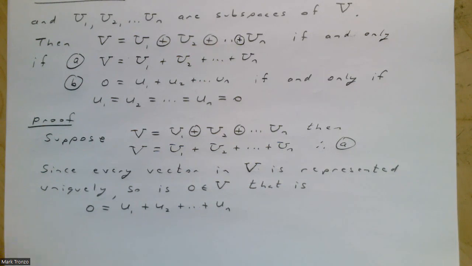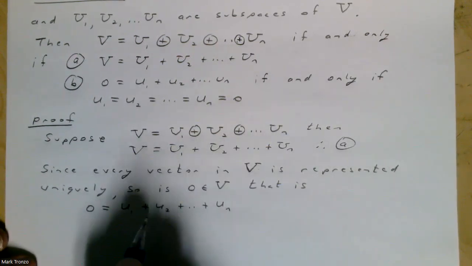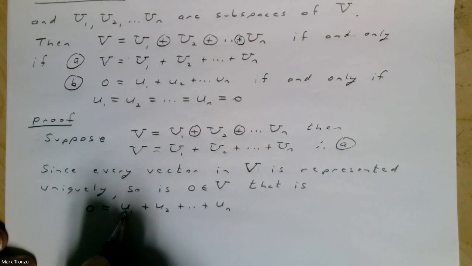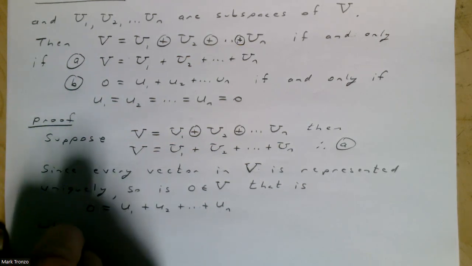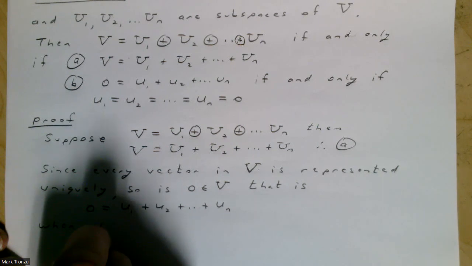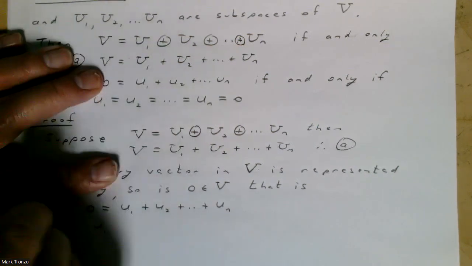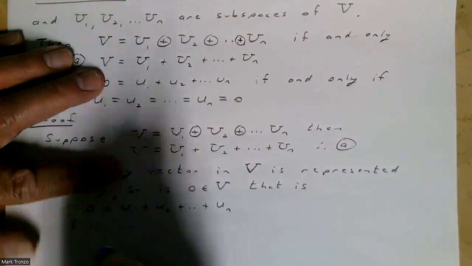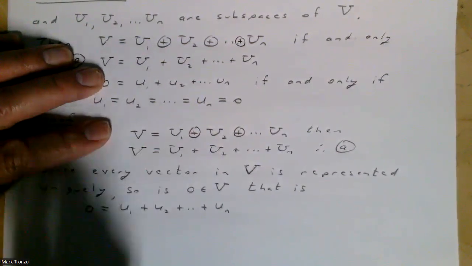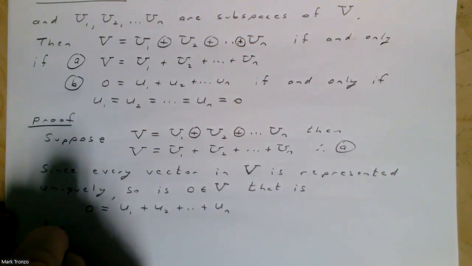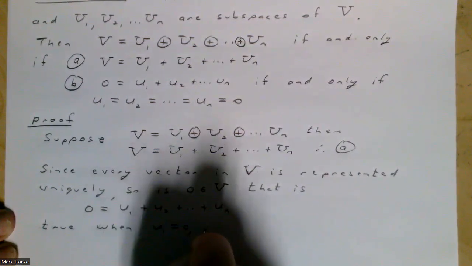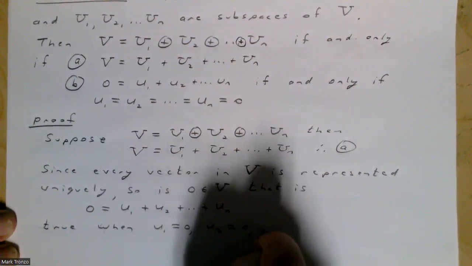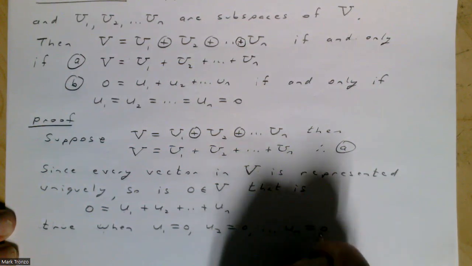So you're going to have that that's true. But of course, this is going to be true when U1 is 0, U2 is 0, UN is 0.